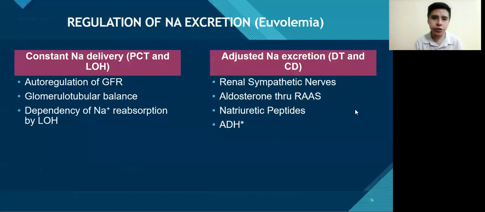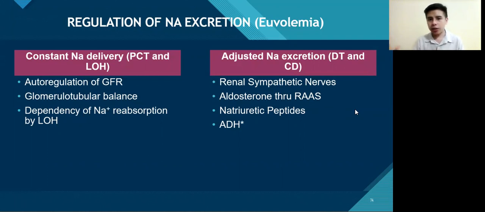Like I told you earlier, when there is normal blood volume, euvolemia, there will always be sodium reabsorption in your proximal tubule and the loop of Henle, because of the GFR, the glomerulotubular balance, the tubuloglomerular feedback, as well as the transporters, which are secondary active, like your sodium amino acid and sodium glucose importers, your NKCC channels, your sodium chloride importer.